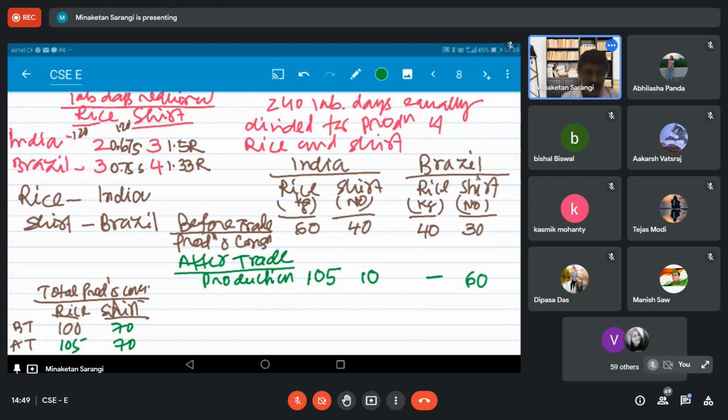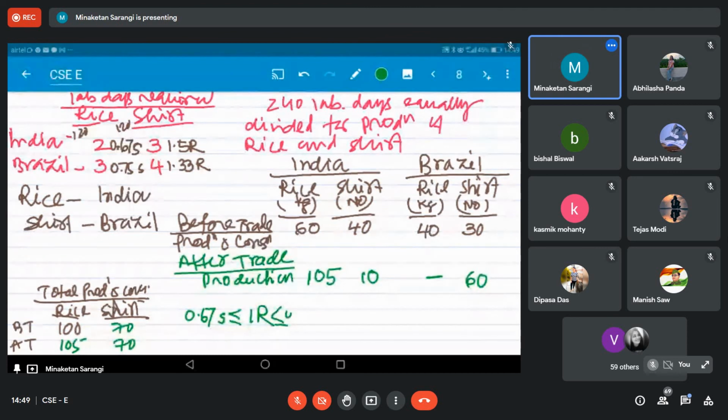As your opportunity cost per unit indicates, 1 kg of rice will be exchanged at any rate between 0.67 sat and 0.75 sat.